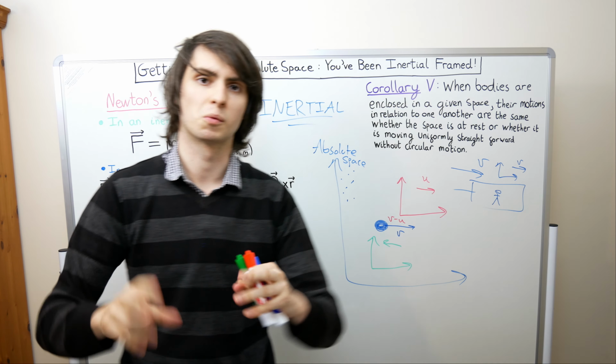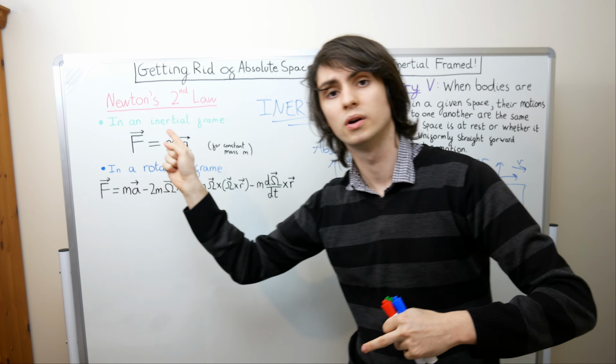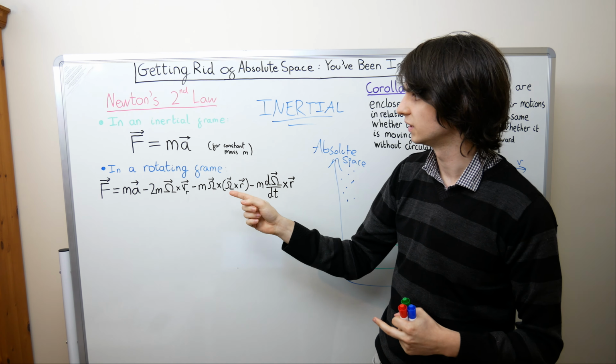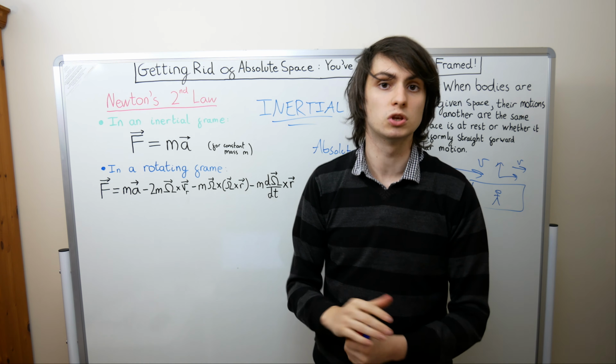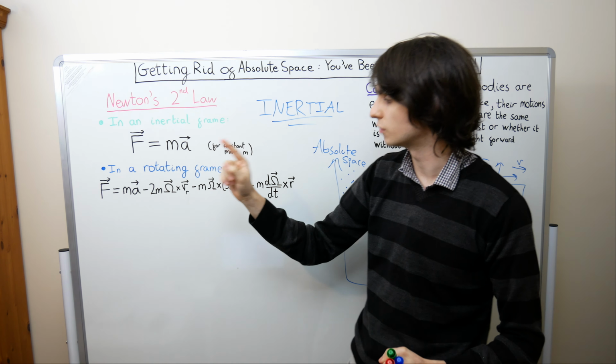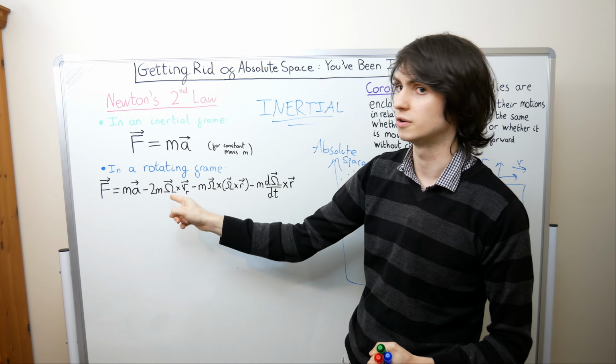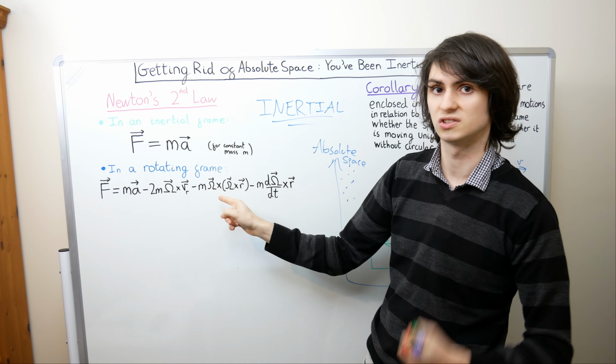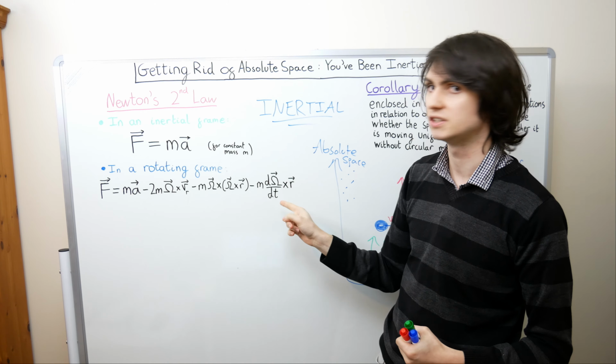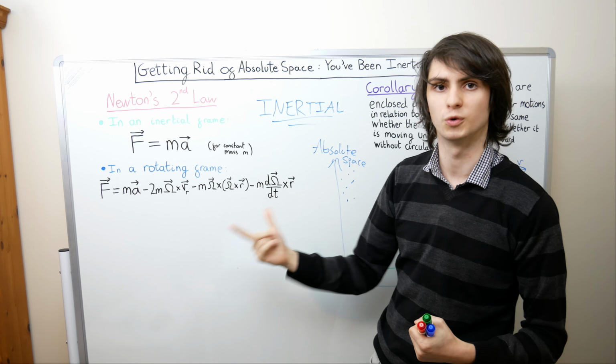To make things clearer, we can expand out Newton's second law in a rotating reference frame. In a normal inertial frame, we just have the usual F equals ma. But in a rotating frame, we can have any of these extra terms. The first is known as the Coriolis force, the second is the centrifugal force, and the third is the Euler force, and these are all fictitious forces.